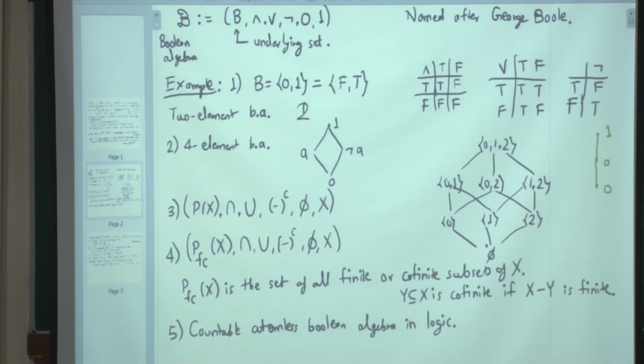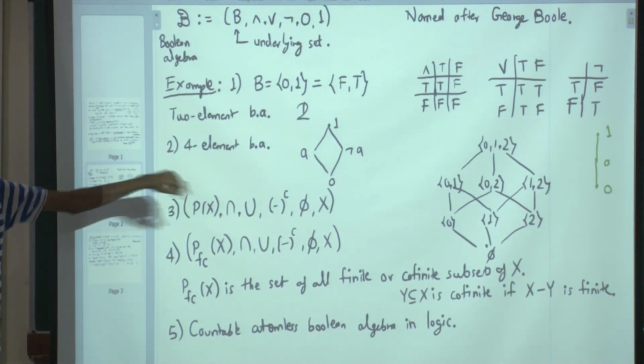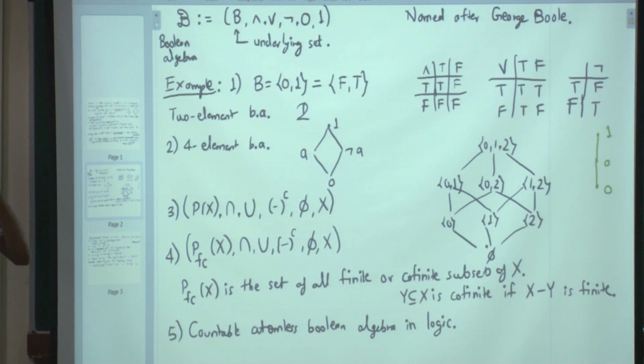Now look at these pictures, the 8 element Boolean algebra. Look at how you obtain the elements back. In that picture, where are the elements of x? Above the empty set. Yeah, all of them are singletons.